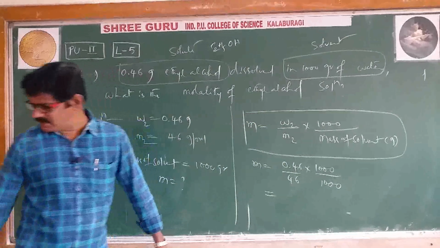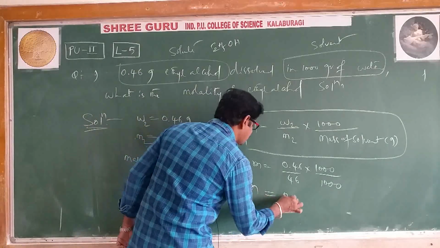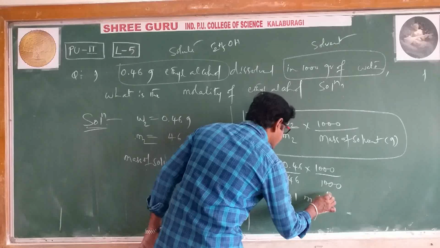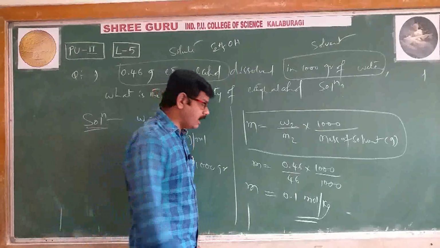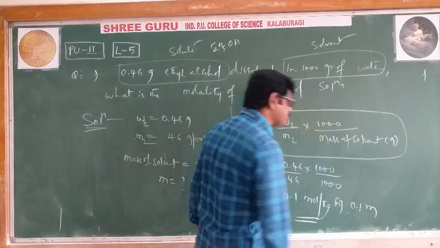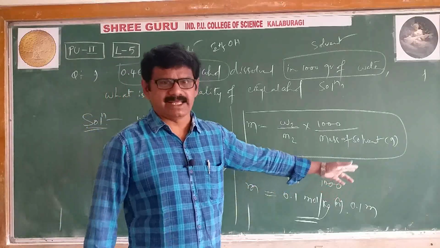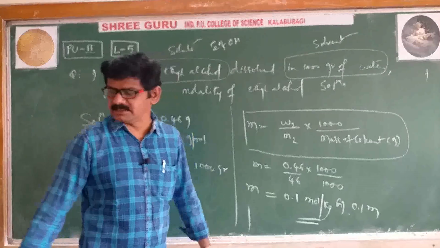If you simplify, you will get 0.1 m. Molality equals 0.1. What is the unit? Unit is mole per kg, or we can write it like this, 0.1 small m, which is nothing but molal, nothing but mole per kg.